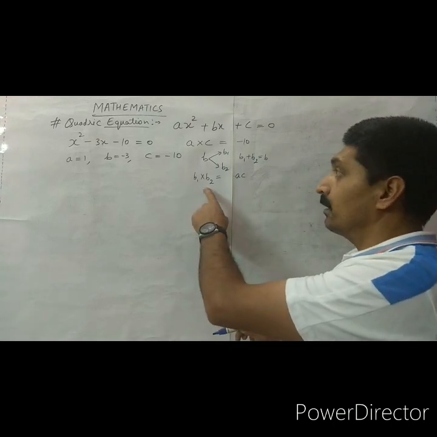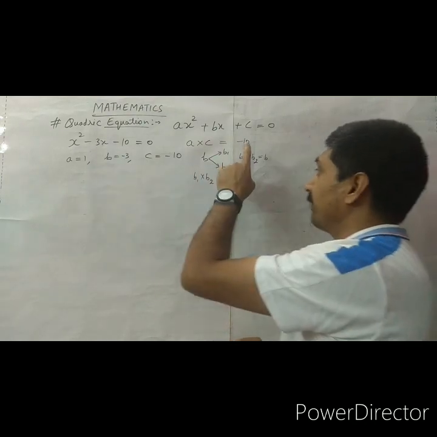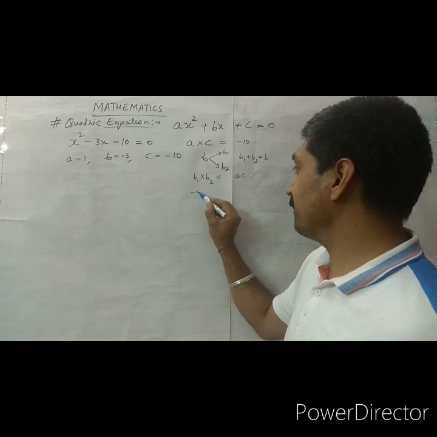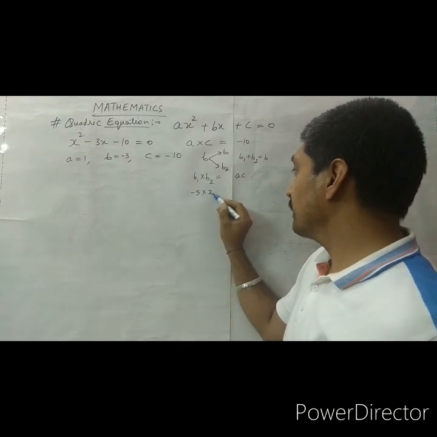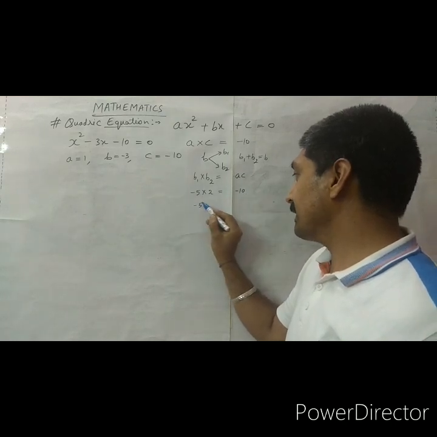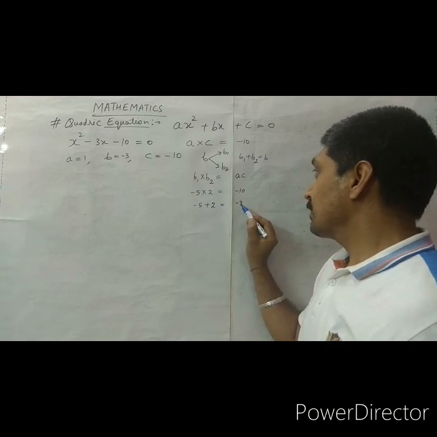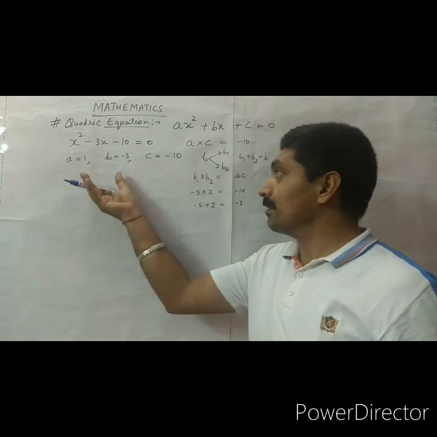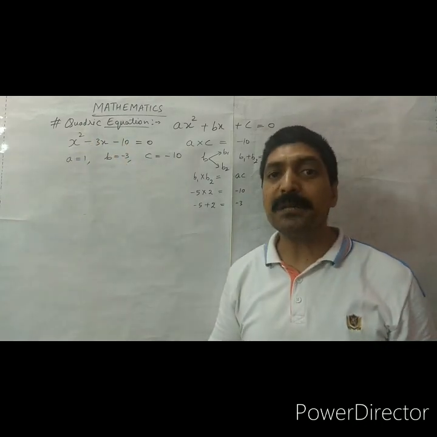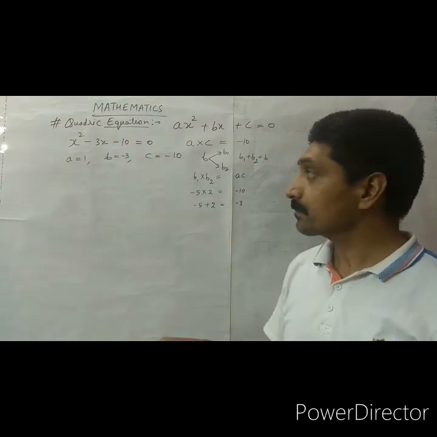So here, if we take b1 as minus 5 and b2 as 2, their product is minus 10, and if we add them, minus 5 plus 2, the sum is minus 3. So this is the factorization method by splitting the middle term. In lower classes we have studied it in detail.